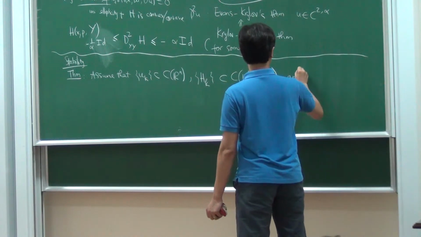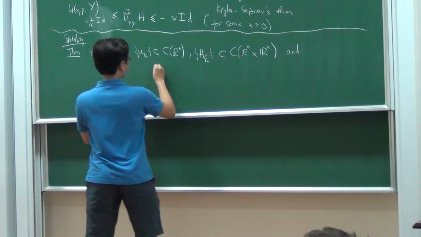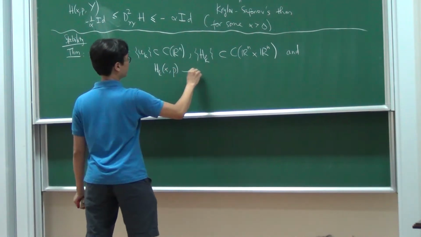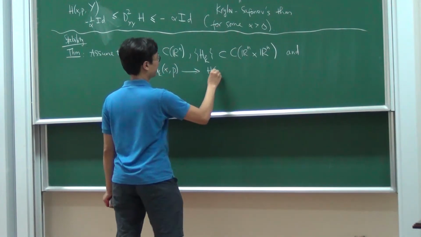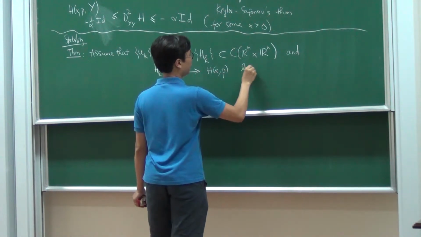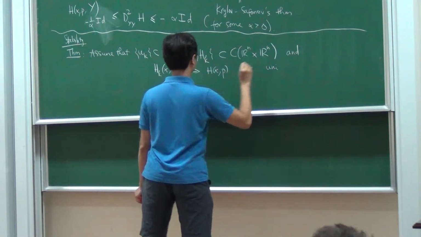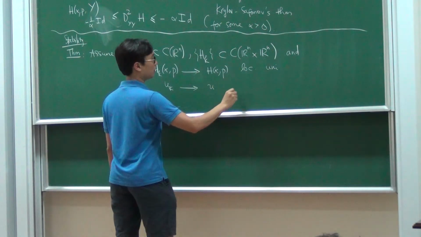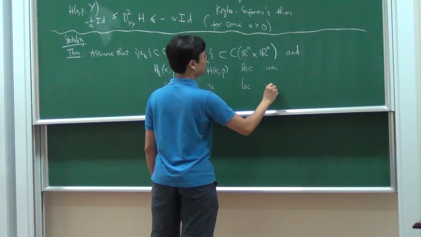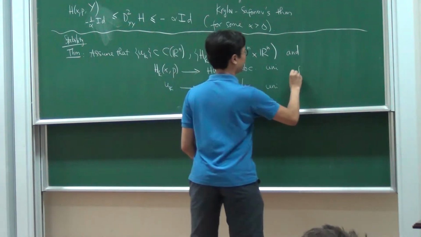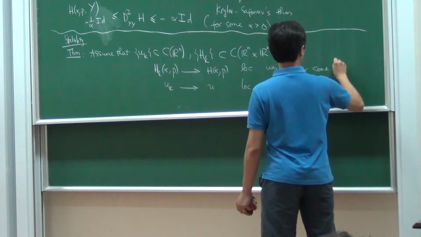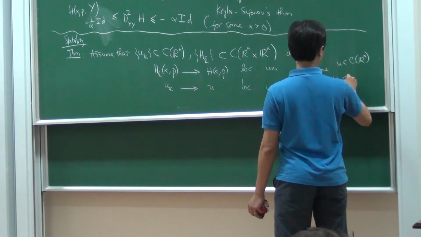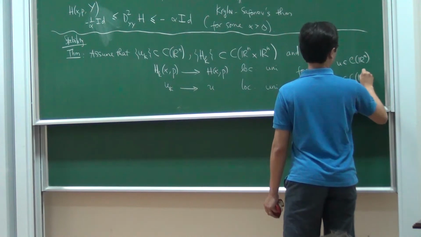And I have H_k(x, p) converge to H(x, p) locally uniformly, and I have u_k converge to u locally uniformly for some u in C(R^n), for example H in C(R^n times R^n).